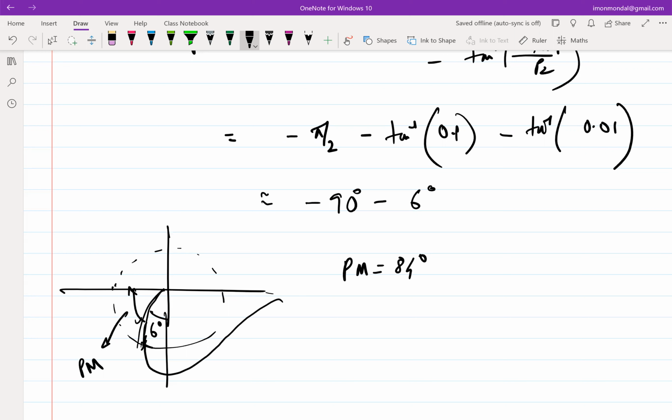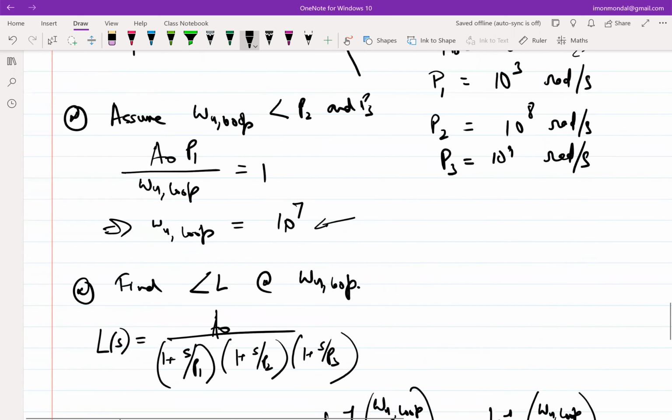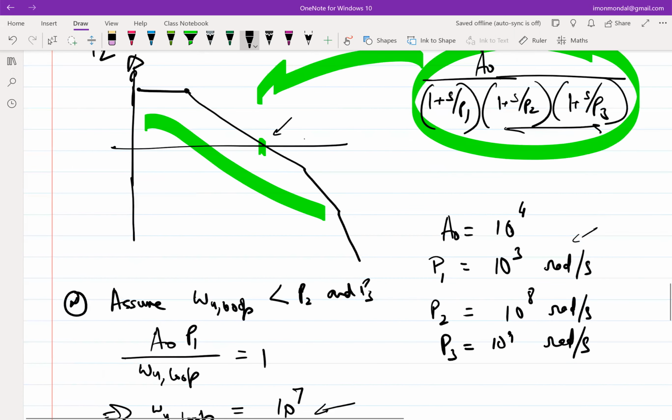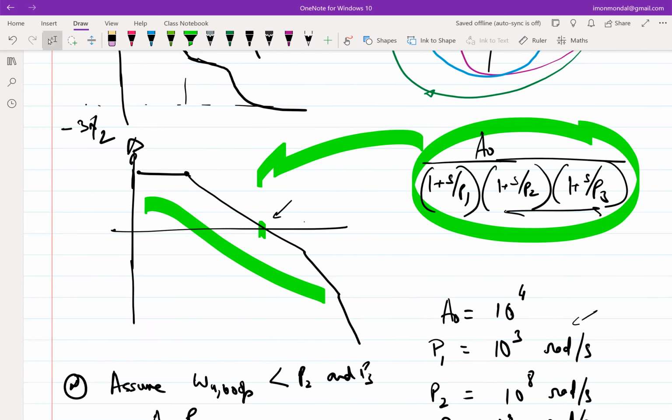So what essentially he is trying to point out is another way of looking at the same thing, whatever we have been talking about in terms of margin: what happens if P2 comes inside UGB? If P2 comes here, then essentially you have high loop gain at P2, right?